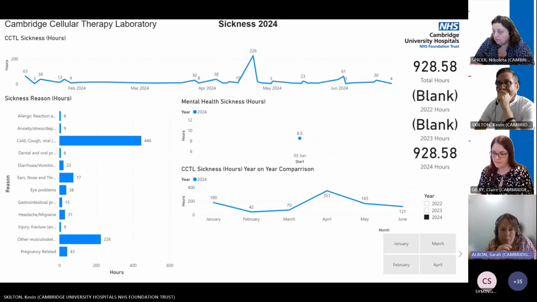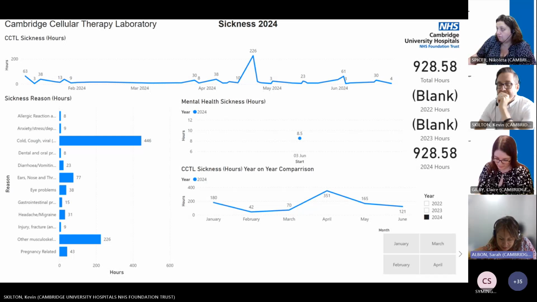The sickness has remained stable across 2024, apart from one peak that we had in April, and that was related to, again, one member of staff, with the reasoning being other musculoskeletal and was not in any way directly attributed to work.